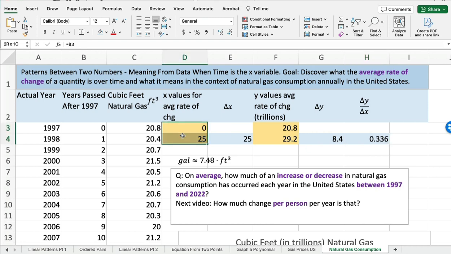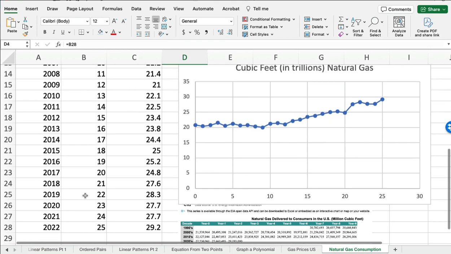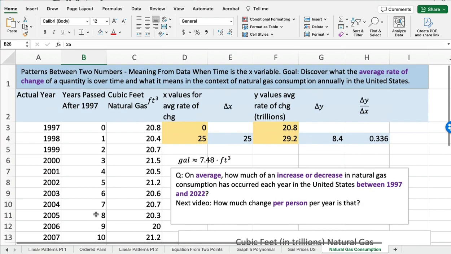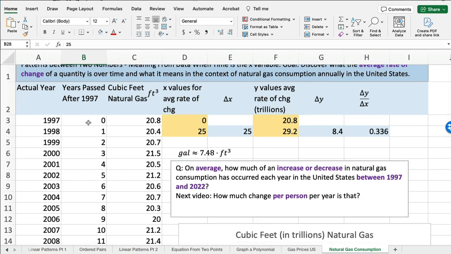So in gold, I have put our two x cells, D3 and D4. The starting x value is 0 because 0 is associated with 1997. That was our year 0. And if we look at our table, go all the way down to 2022, the x value there is 25 because it's 25 years into the future from 1997.